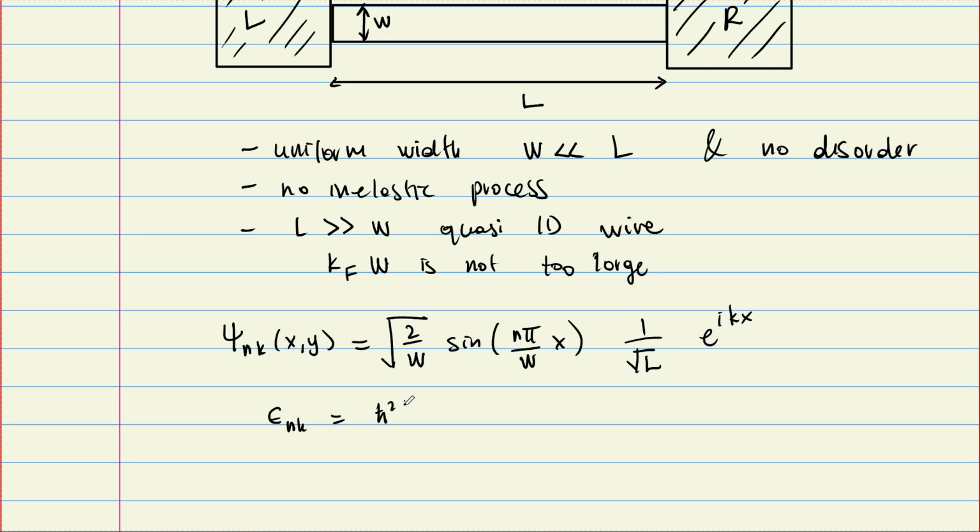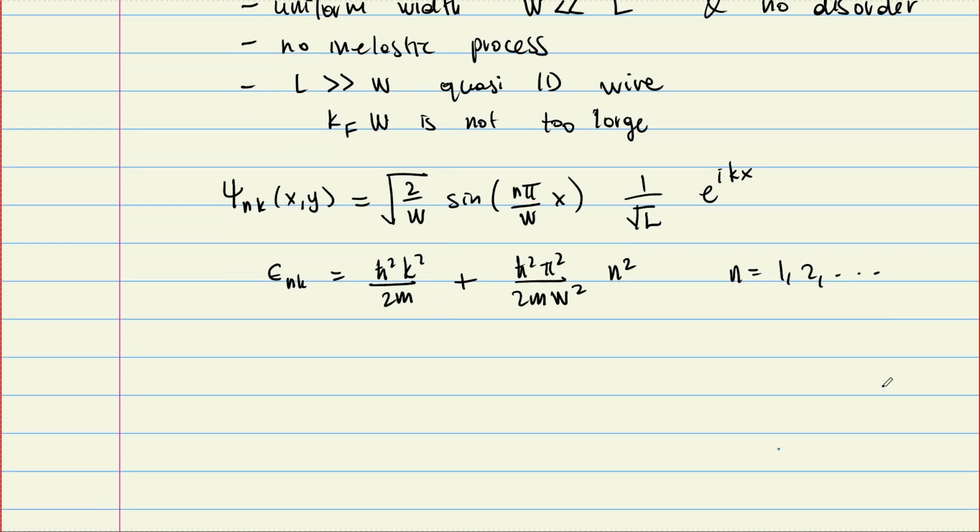and the corresponding energies E n k are h bar squared k squared over 2m plus h bar squared pi squared over 2m W squared times n squared, where n is equal to 1 to infinity, and m is the band mass.